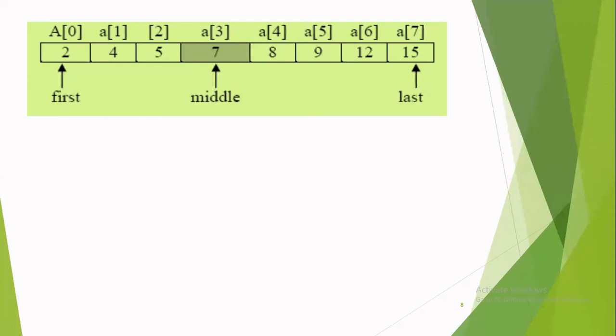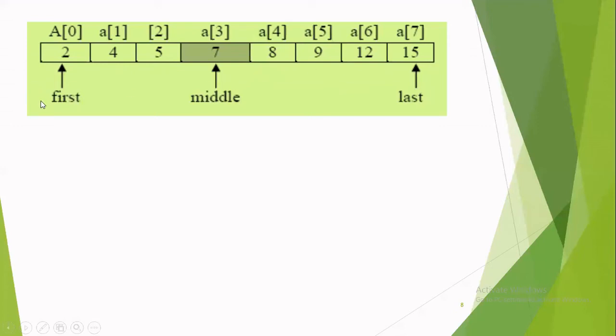They are not the same, but 12 is greater than 7. Because 12 is greater than 7, we need to perform further searching only on the right half of this array. You can neglect this left half. Hence, we are going to concentrate now only on the right half of the middle element.